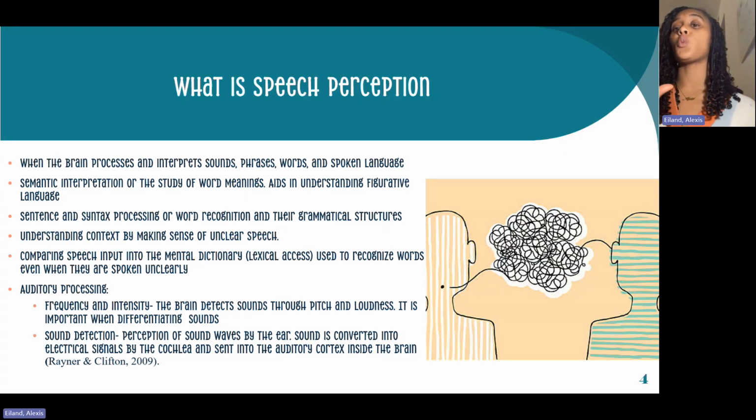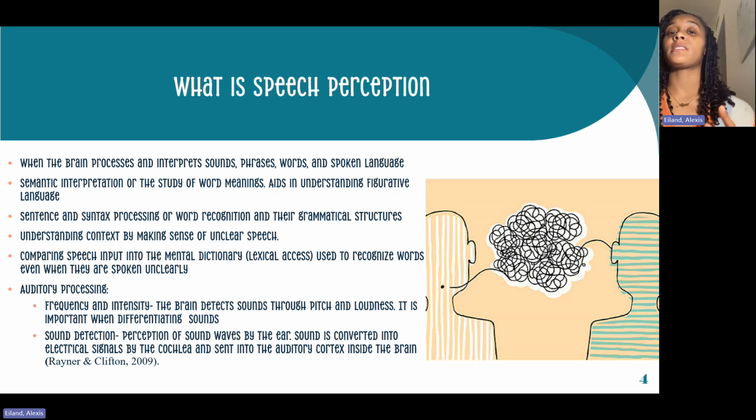Now moving on to what is speech perception. Speech perception is when the brain processes and interprets sounds, phrases, words, and spoken language. Under that falls semantic interpretation, which is the study of word meanings, and this aids in understanding figurative language. If somebody has a language disability, they oftentimes will have trouble decoding that figurative language.